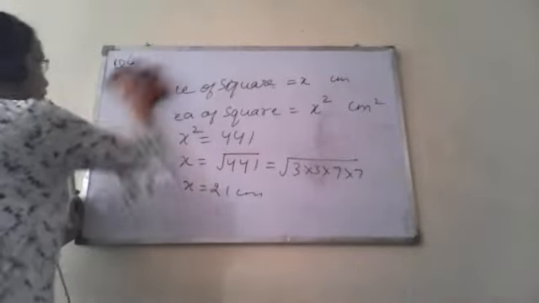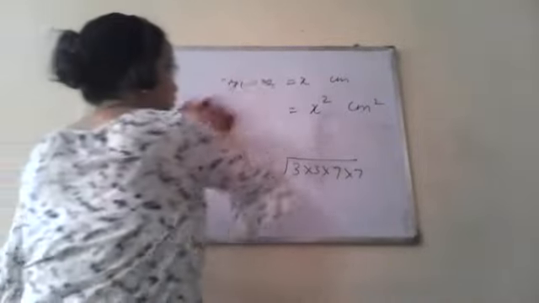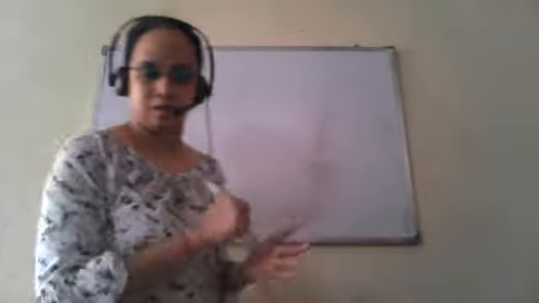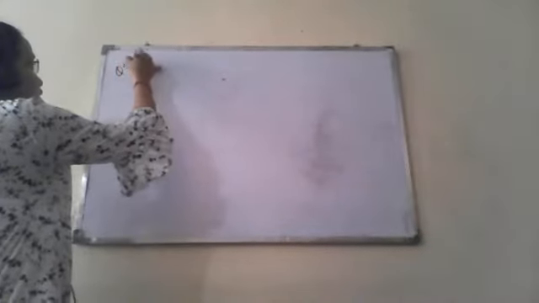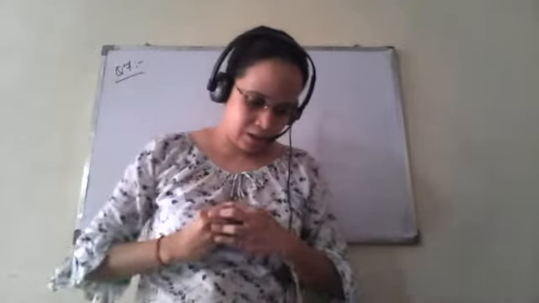Now question number 7. Question number 7 says, in a right angle triangle ABC, angle B is 90 degrees.